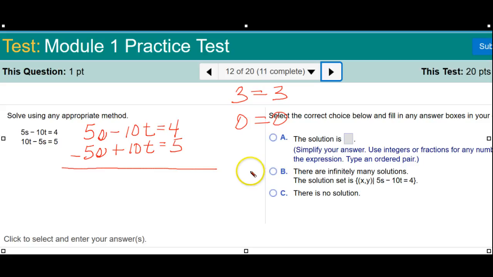So for that, it would be letter B. There's an infinite number of solutions, and you would write that in set builder notation, one of the equations. But if you ended up with, let's say, 0 equals 5, then these lines are parallel, and that would be no solution. So again, an interesting thing as you work on your technique for solving systems of linear equations.